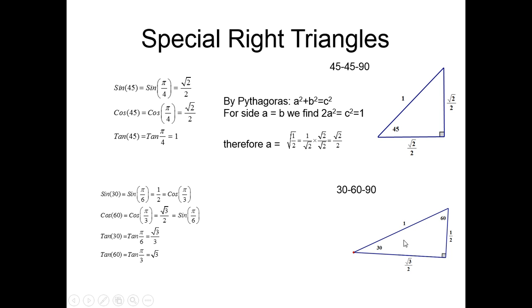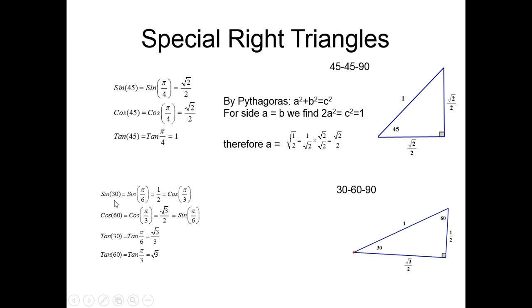And the side opposite the 30 would be half the hypotenuse, and then the side opposite the 60 would be 1/2 the hypotenuse times the root of 3. So the relationship here is 1, 1/2, and root 3 over 2.